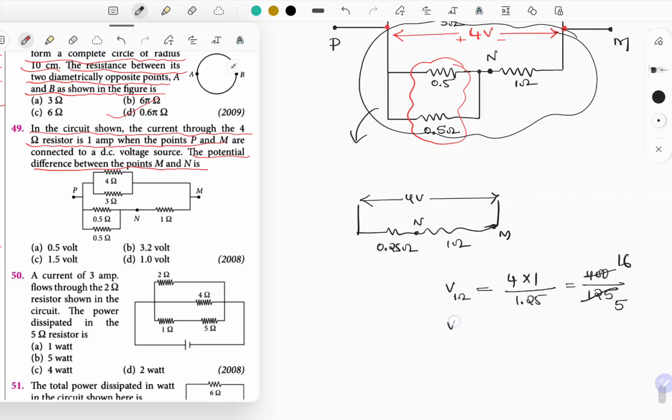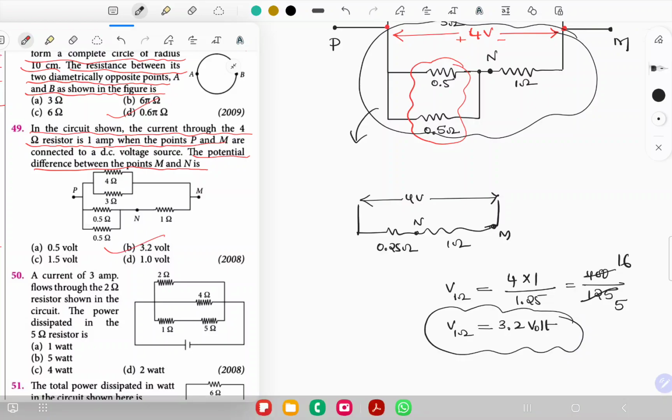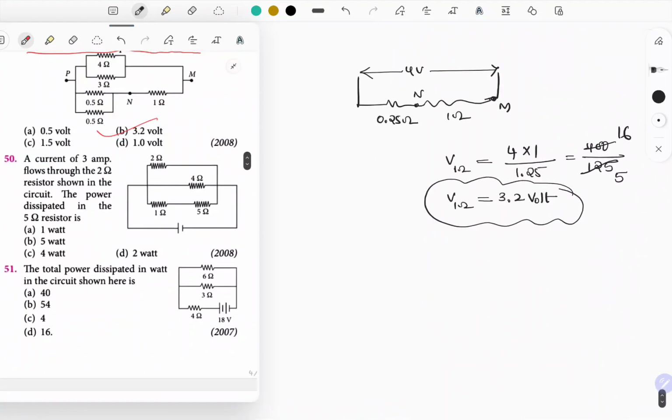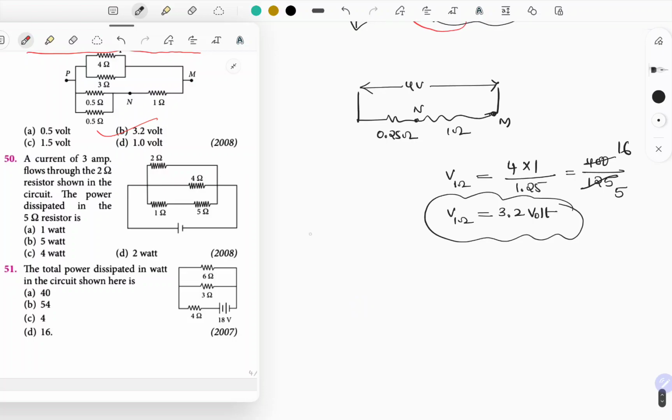So approximately voltage across 1 ohm resistance is equal to 3.2 volt. That's the answer. Which option? Option B. So understand the trick that I just used over there. I just used voltage division principle. So that was the answer for the question.